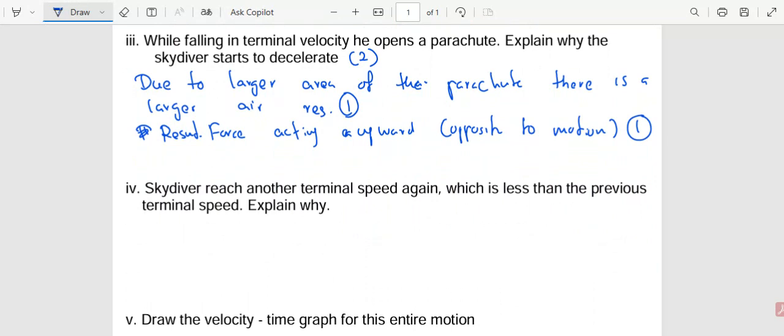Next one, the skydiver reaches another terminal speed again, which is less than the previous terminal speed. Why? Can I write like this?